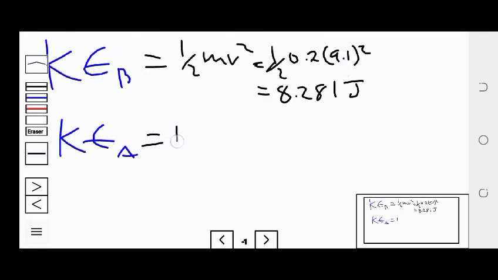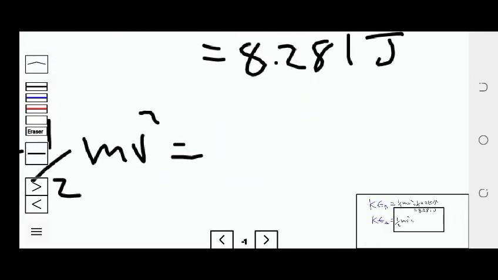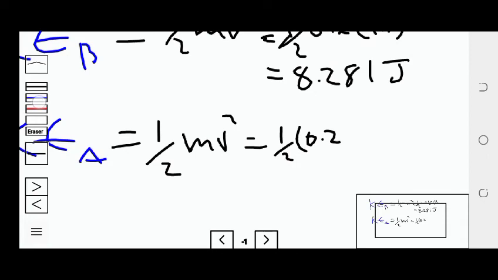And then after the collision, this is going to be half mv squared, and it is actually the summation.